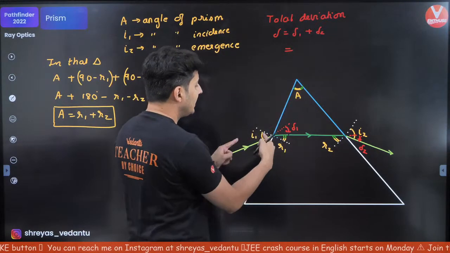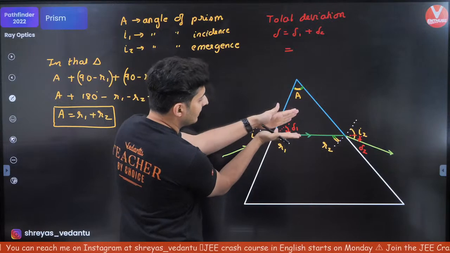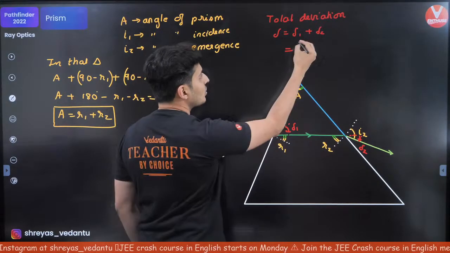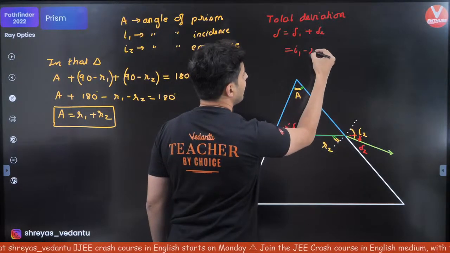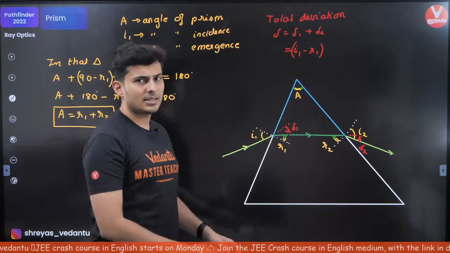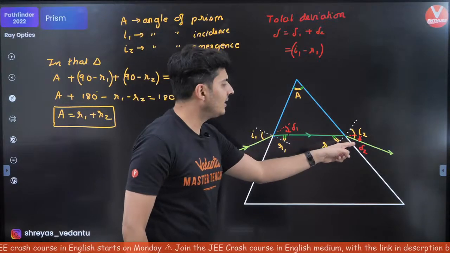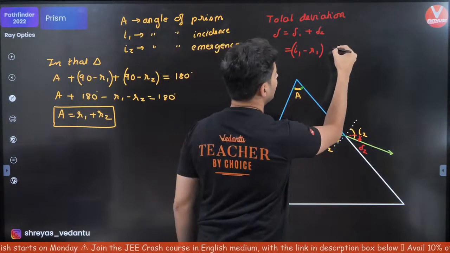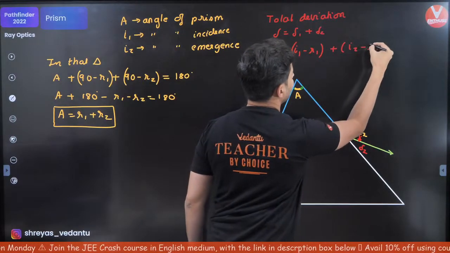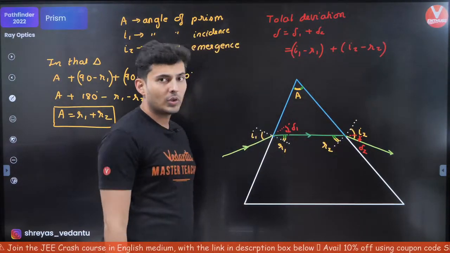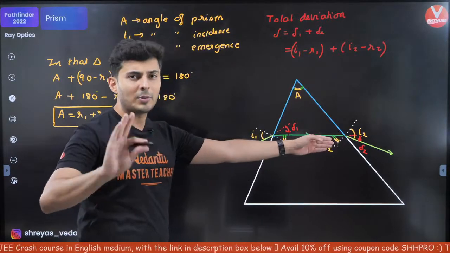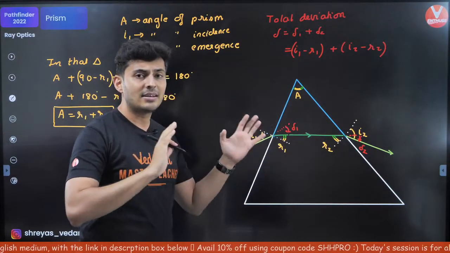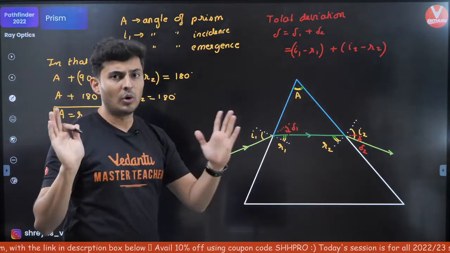Now, delta 1 is nothing but, look at this. Delta 1 will be this angle, which is I1 minus R1. So it will be nothing but I1 minus R1. That's the standard formula. Same way, delta 2 will be the big angle minus that small angle, I2 minus R2. Again, the same formula which you have learned back in refraction. Angle of deviation is incidence minus refraction, the modulus of that.